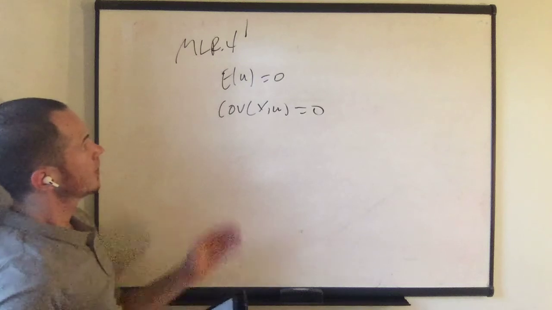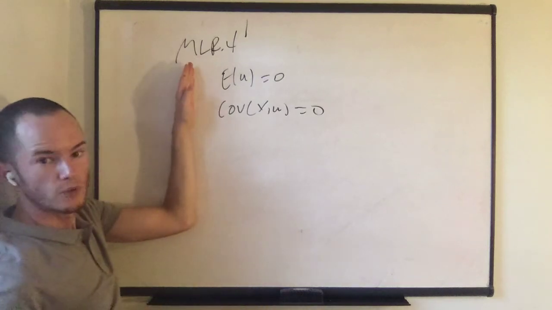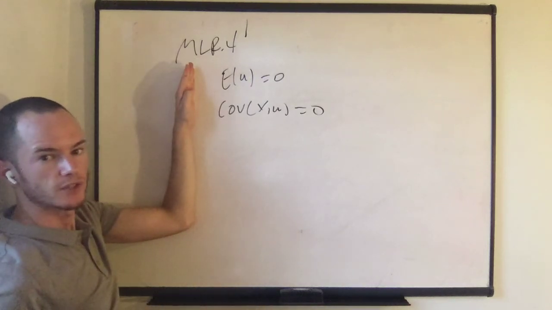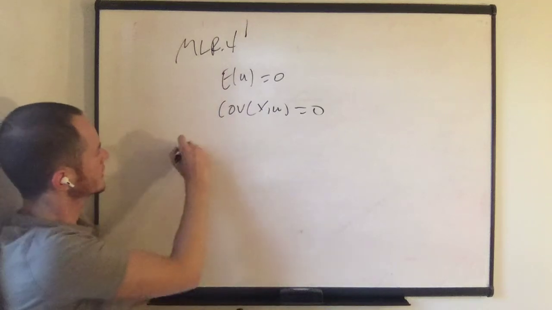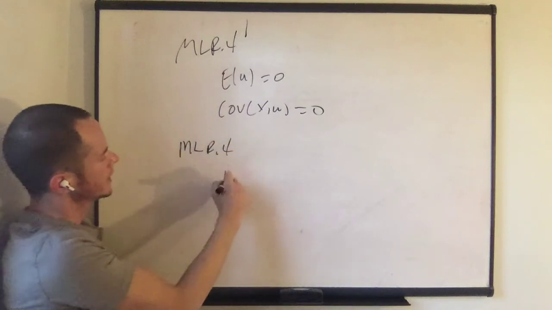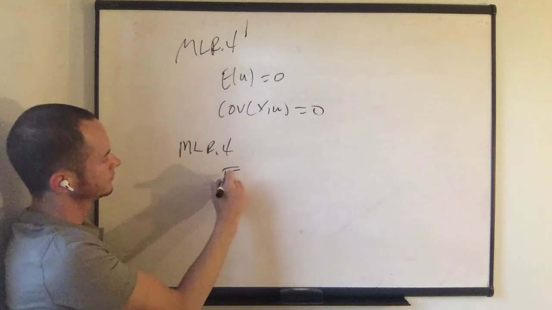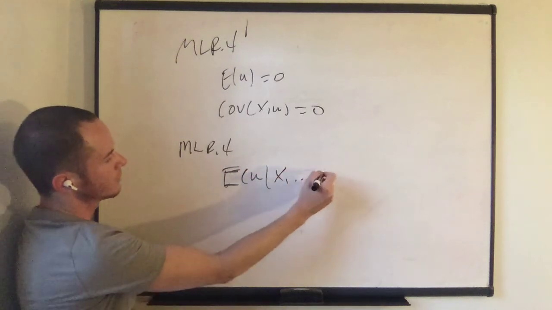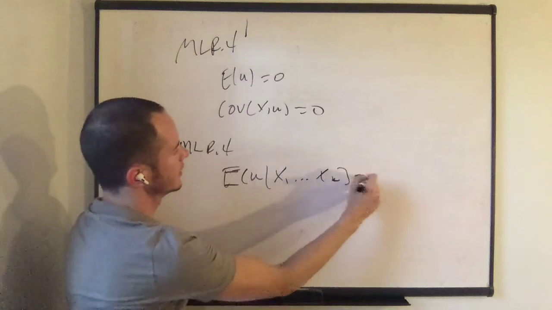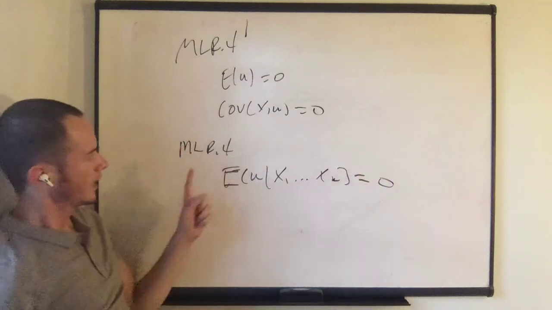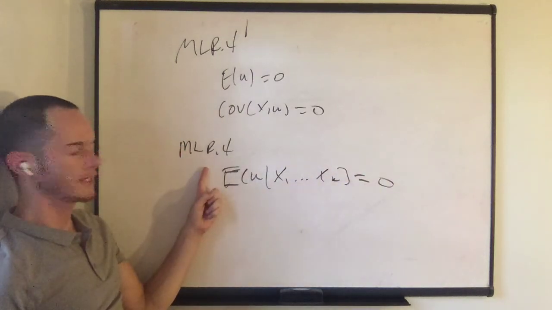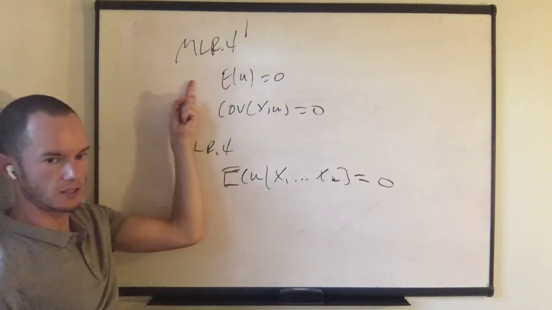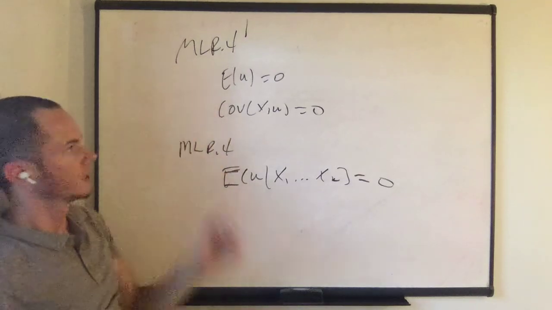Now, the original MLR.4 is that the expected value of u given x1 through xk is equal to 0.